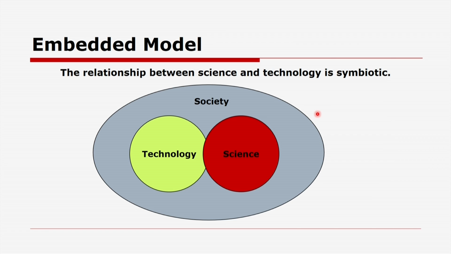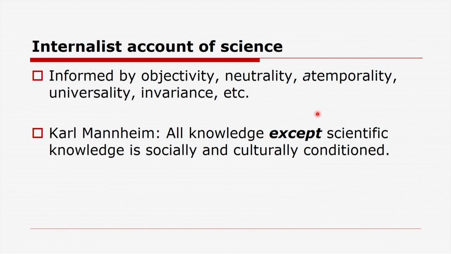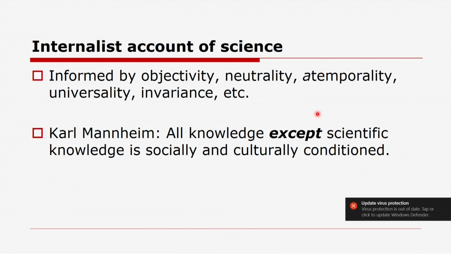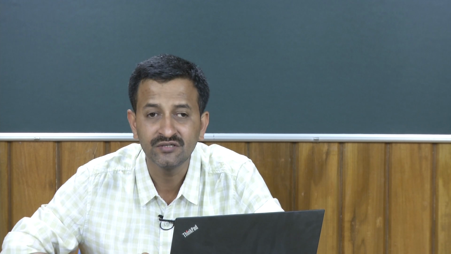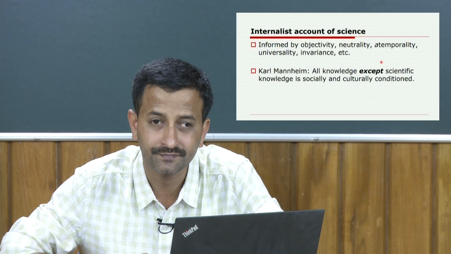If you look at the first two models, the linear and interactionist models, they exhibit the internalist account of science, which is informed by objectivity, neutrality, atemporality, universality, invariance and so on.